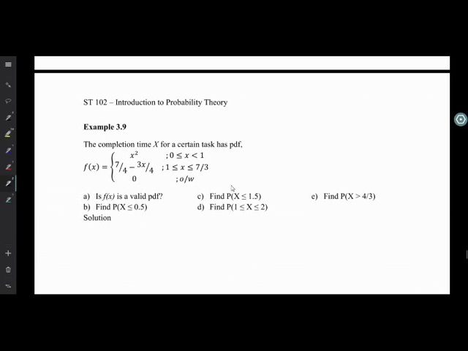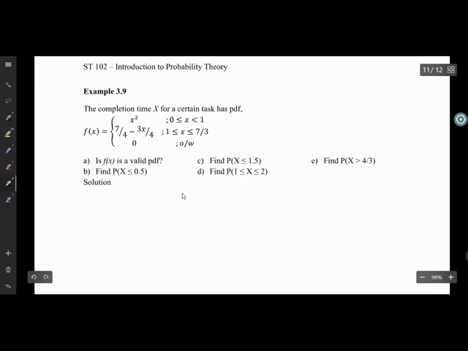Here's the final example. The completion time x for a certain task has the following PDF. Now in this one you can see the function f(x) is a piecewise function. From 0 to 1 it behaves as x squared, a quadratic function. From 1 to 7 over 3, it is another function, a linear function, and 0 otherwise. Using this PDF, let's try to answer these questions.